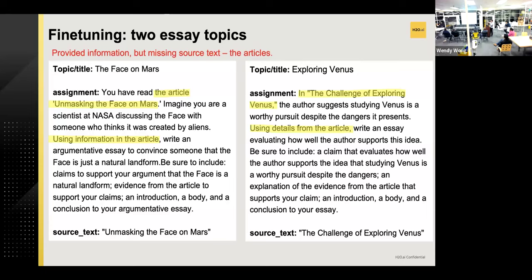Using the information in the article, write an argumentative essay. So the students are actually required to write an essay based on the article. And just showing the student the assignment or the topic is not enough.